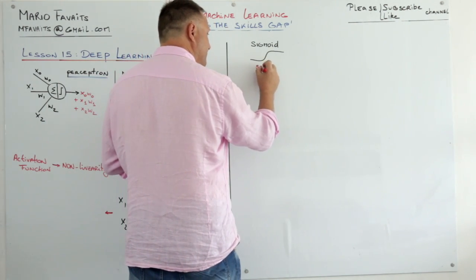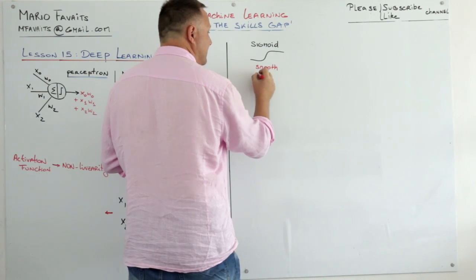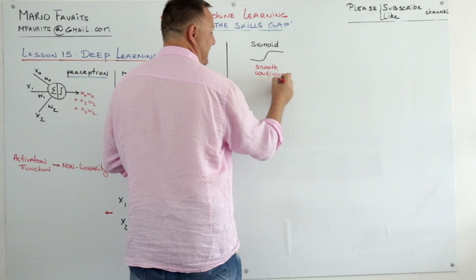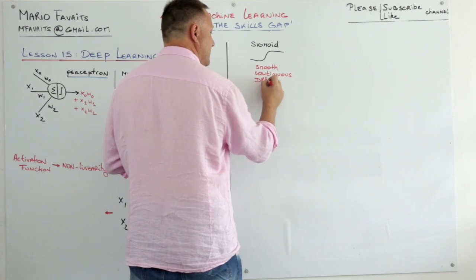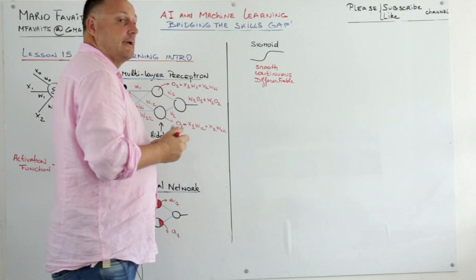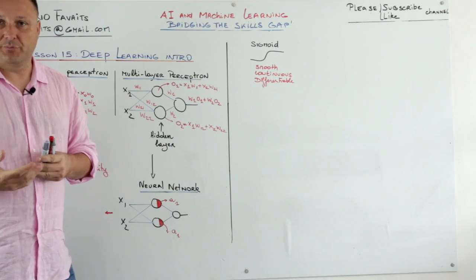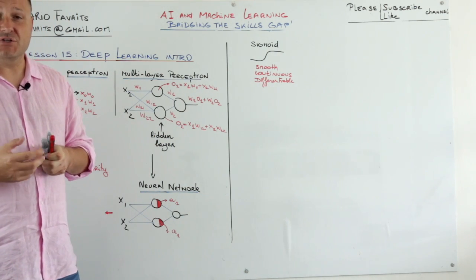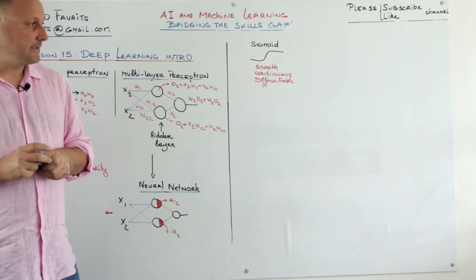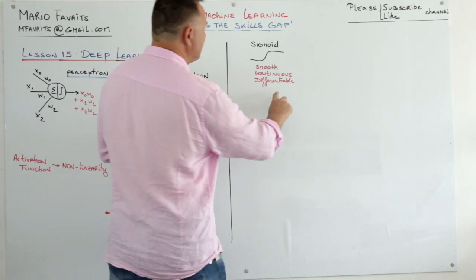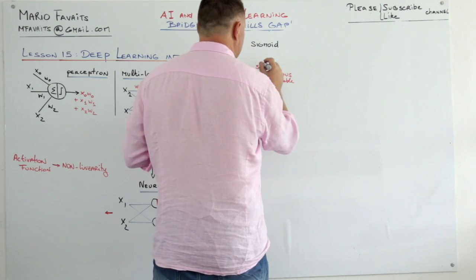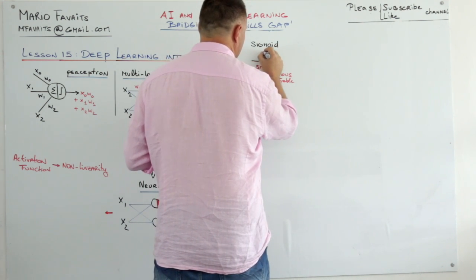This curve is smooth, is continuous, and is differentiable. Differentiable is important because we will be using backpropagation, and backpropagation uses gradients. So the function needs to be differentiable. I can draw it a little bit better, like this.